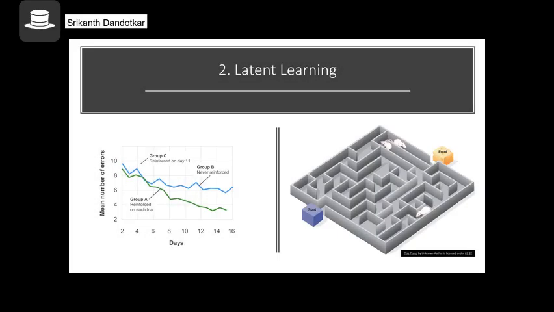As you can see, Group A performed better than Group B. The reinforced rats made fewer errors when compared to the never reinforced rats. In other words, reinforcement enhanced learning. The question Tolman asked was, did the unreinforced rats in Group B never learn anything?